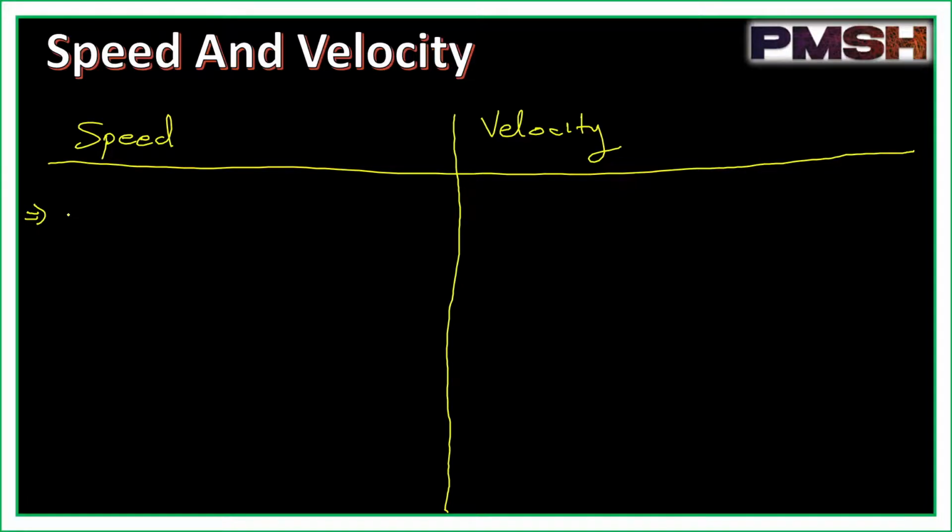So how can we define velocity? We can define velocity as the displacement in a unit time, right? Because velocity is a vector, it should be connected to another vector quantity. Displacement is a vector, so you can say it is the displacement of the body in a unit time. Clear?